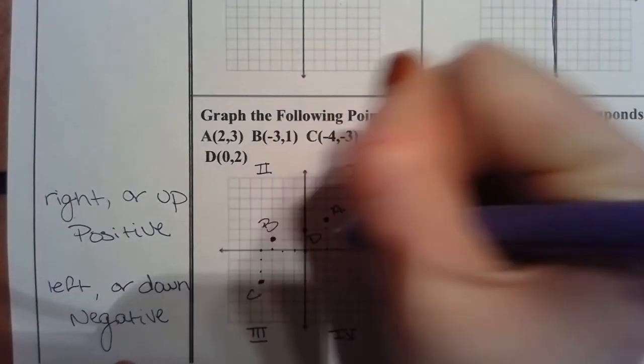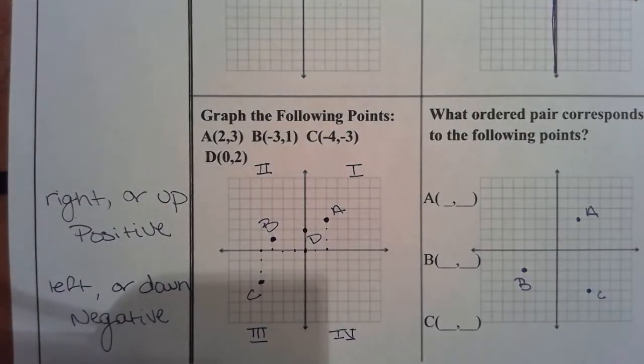And point D is right there. Now, point D is not in a quadrant. This is along the y-axis. So we can't say that it's in quadrant 1, 2, 3, or 4, but what we can say is that it is on the y-axis directly. All right.